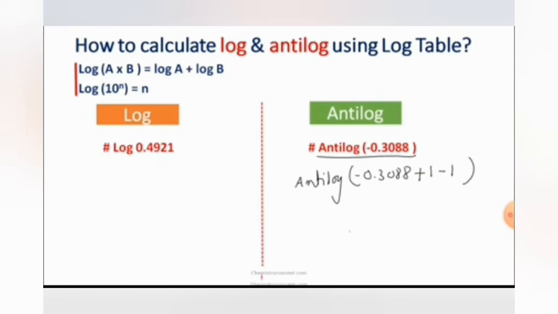Find the value of minus 0.3088 plus 1 first.